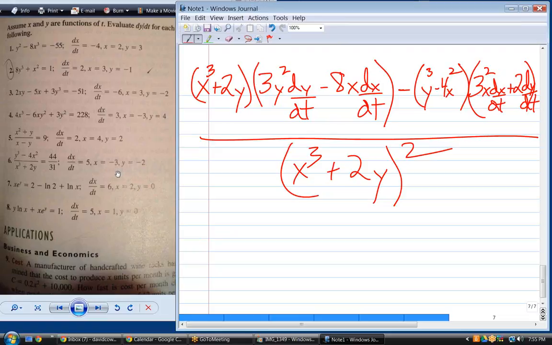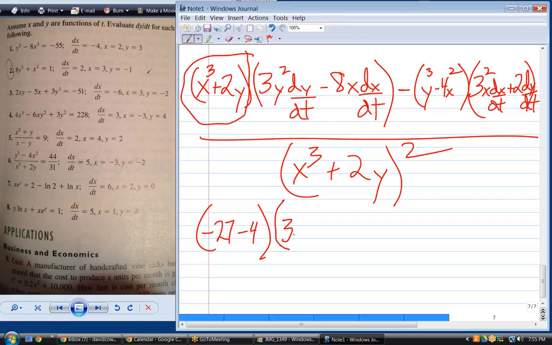Okay, so it would be, let's see, negative 3 to the third, which would be negative 27. Okay. Plus negative 4. So minus 4. Okay, that's this term. And then let's see. 4, so then, yep.